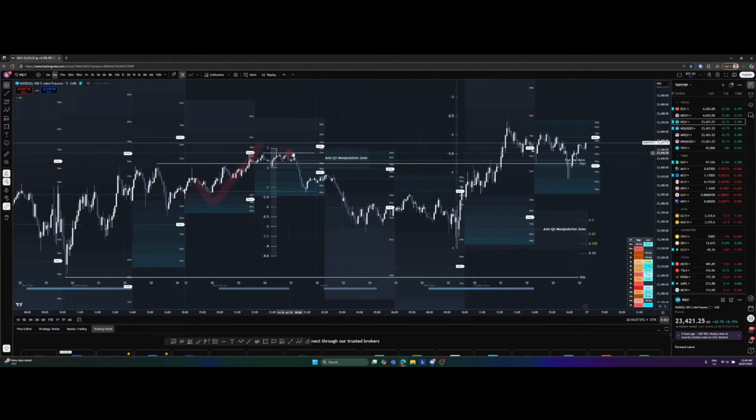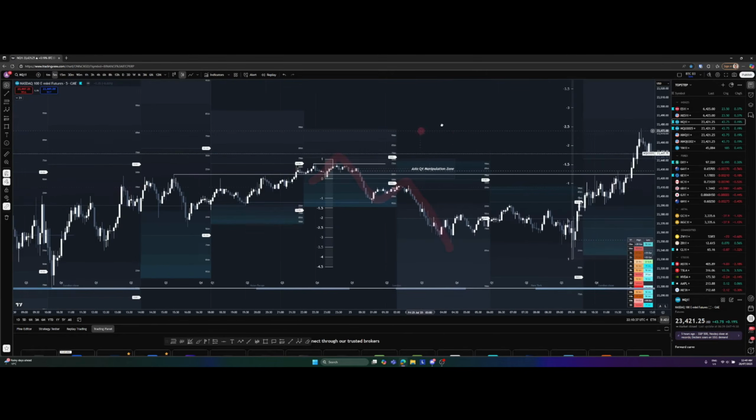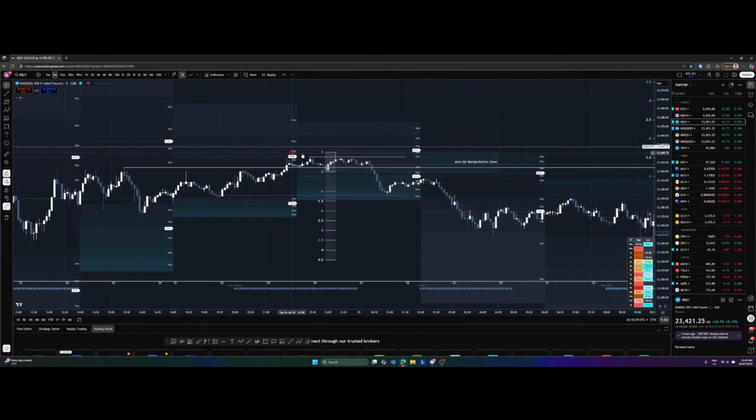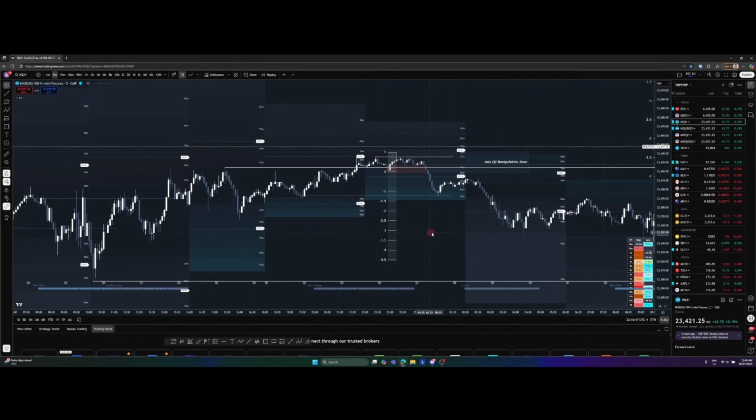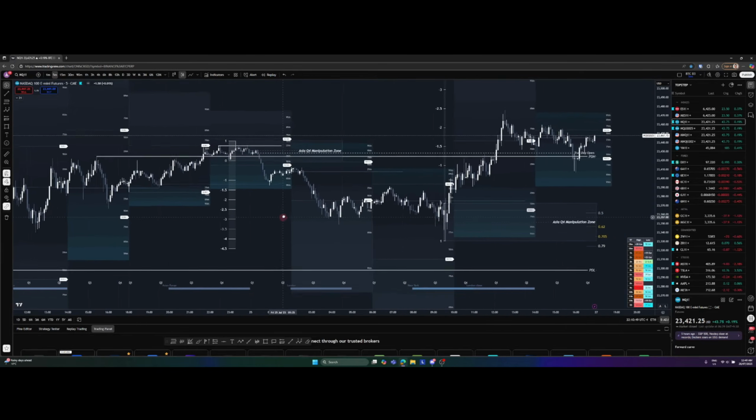And then we have our switch here. So we take our PDH, and then we've gone from external to internal, and we start to change here. So we get our PDH sweep. We come into quarter 4 here of Asia, and then we get our breakdown. So Q1 in London, giving our change in state of delivery on the 5 minute.